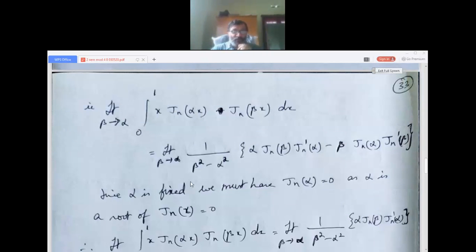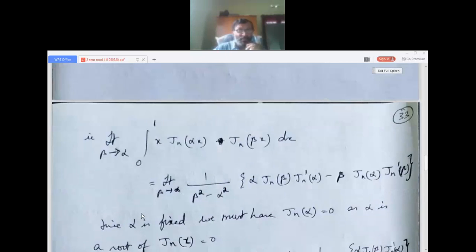Now, since alpha is fixed, we must have Jn(alpha) equals 0, because alpha is a root of Jn(x). We assume that alpha is fixed. Now, what happens here?